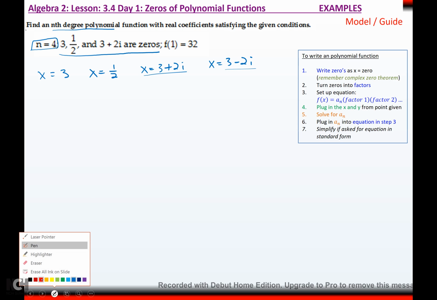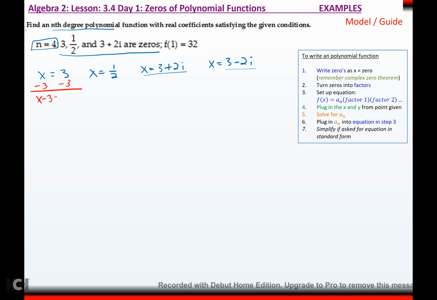Alright, so now we're going to turn these into factors. So minus 3, that gives me x minus 3 equals 0. There's one factor. We don't want fractions, so instead of just subtracting 1/2, which you could do, I'm going to kill the fraction. So I'm going to multiply by 2, which gives me 2x equals 1. Then minus 1, I get 2x minus 1 equals 0.